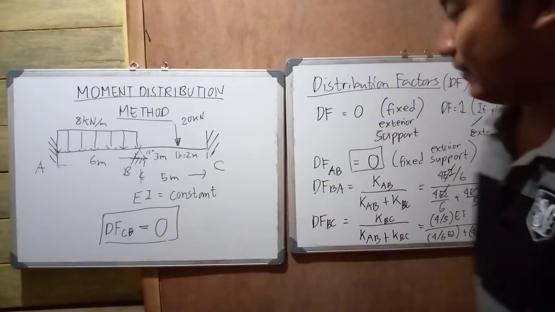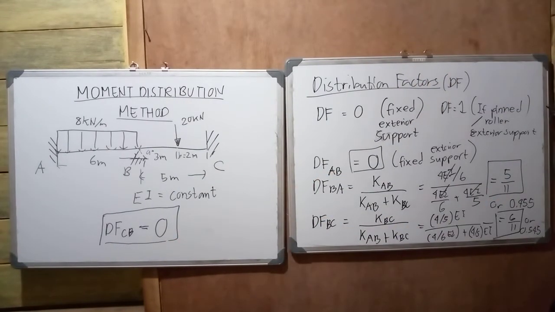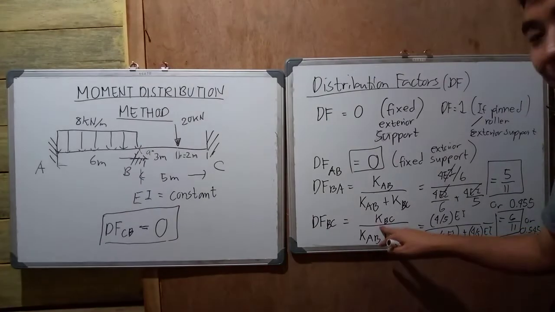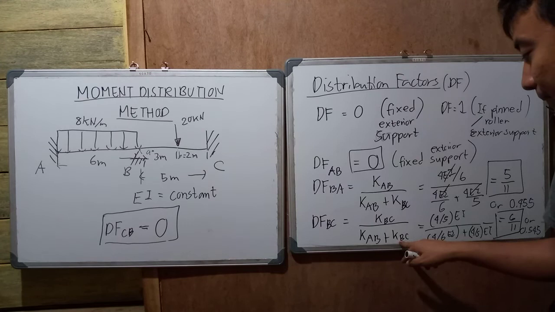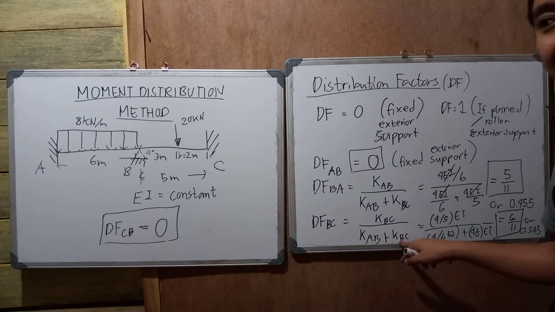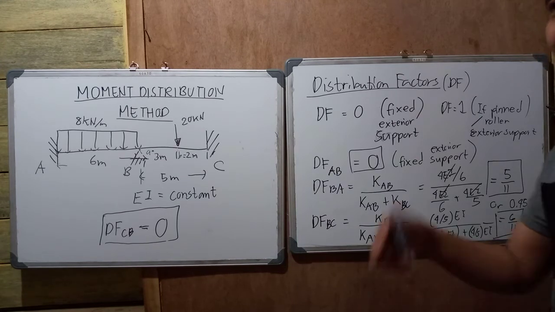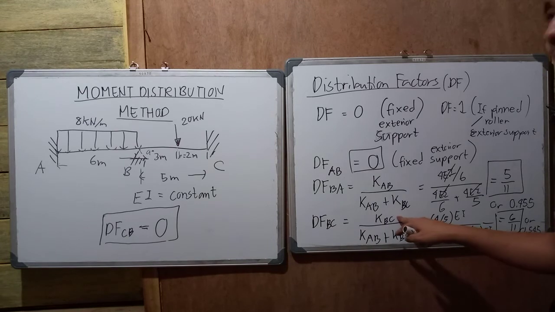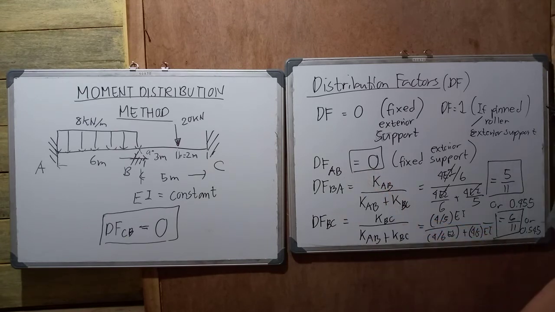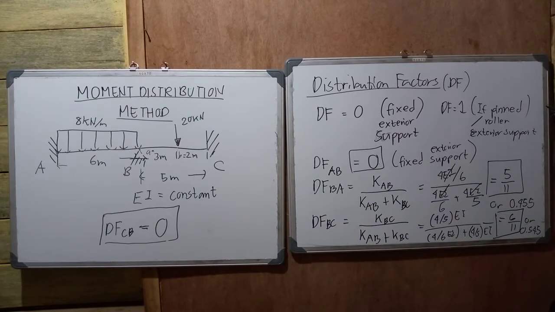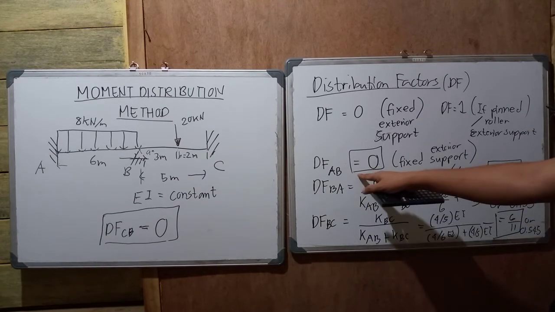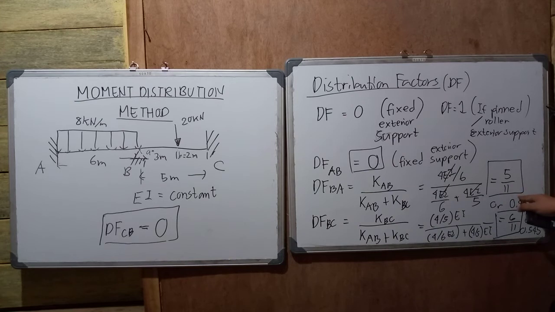Kasi magiging something like merong value ng K dito sa ibabaw, then merong isa dito sa ibaba na infinity. So, any number divided by infinity is practically 0. Okay? Kaya ganyan. So, tandaan nyo, we have DFAB 0, DFBA 5 over 11, DFBC is 6 over 11, and DFCB is equal to 0.